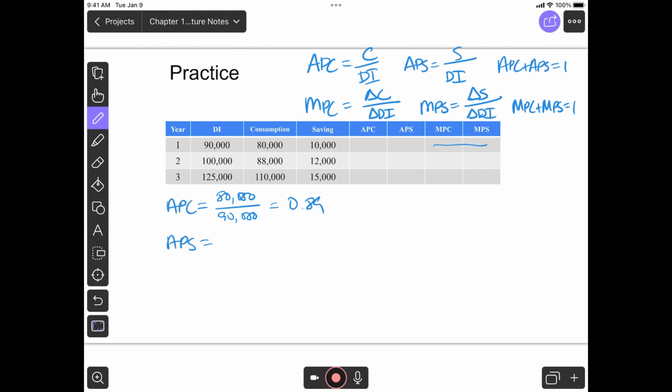The APS would be total savings divided by disposable income. So that would be 0.11. Now, once we had the APC, we could have very easily subtracted from 1 to get that number. All right, now in year 2, let's go back and calculate our average propensities first.